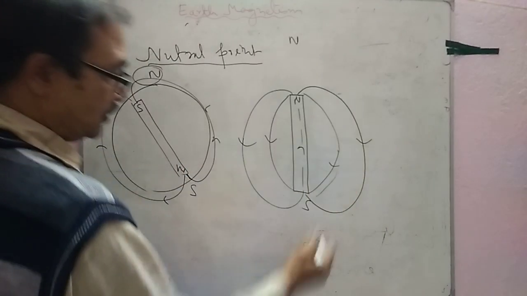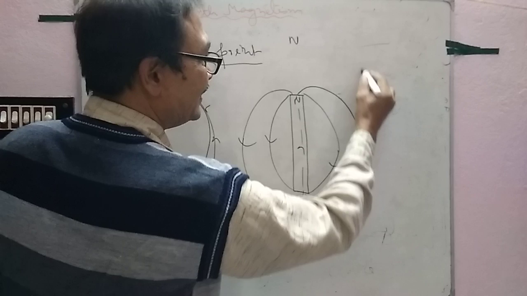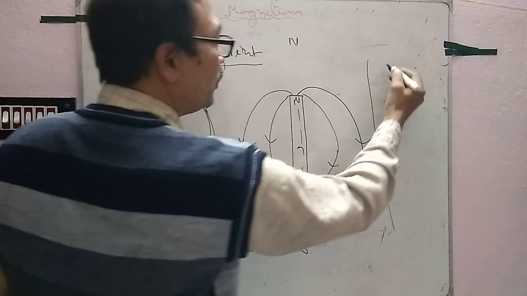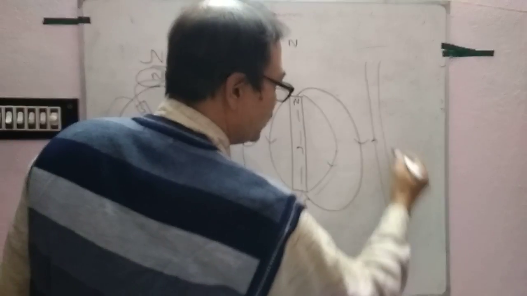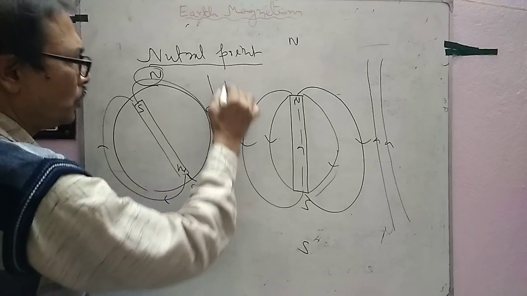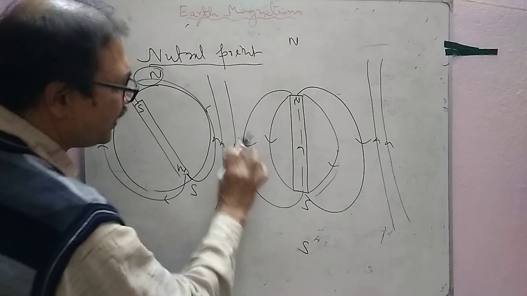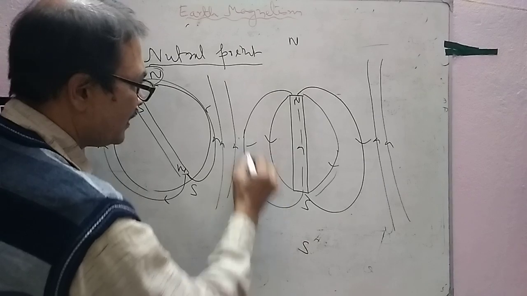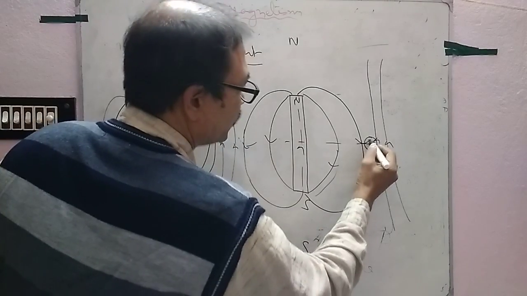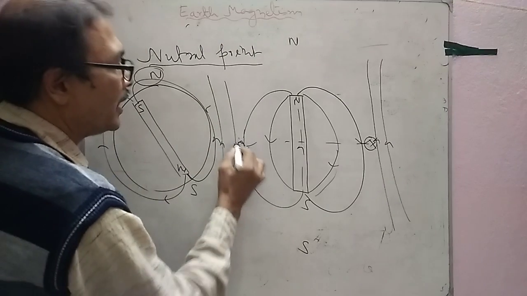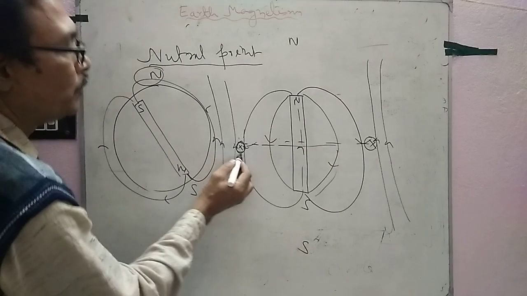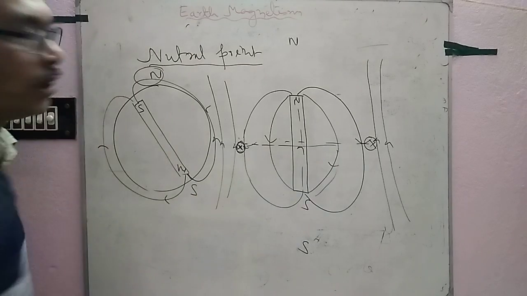But for the Earth, the lines of force go south to north. Follow, in this place the two lines of force are opposite to each other. So here we get the neutral point, no field at all. This cross point is again a neutral point.